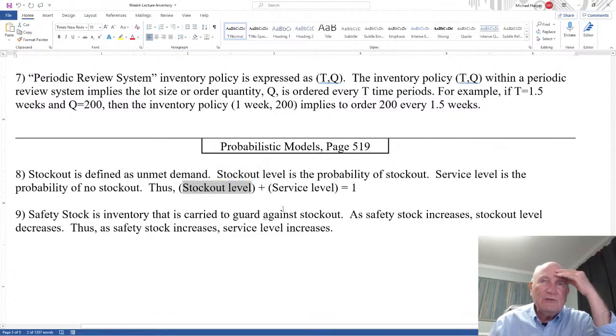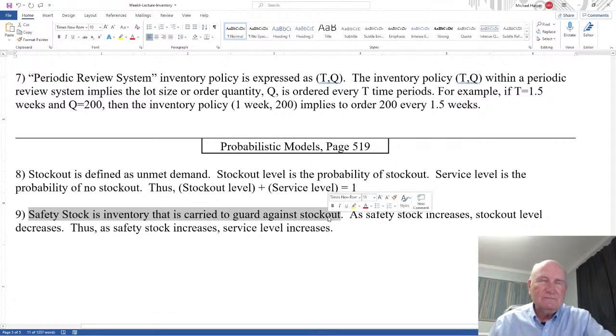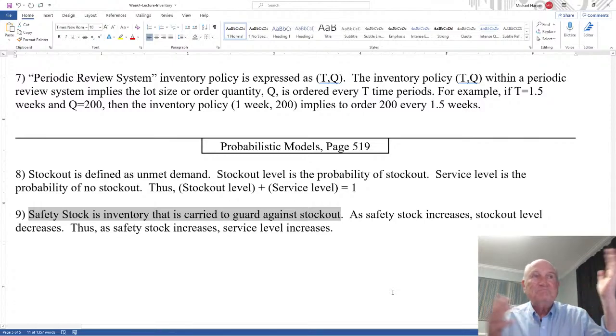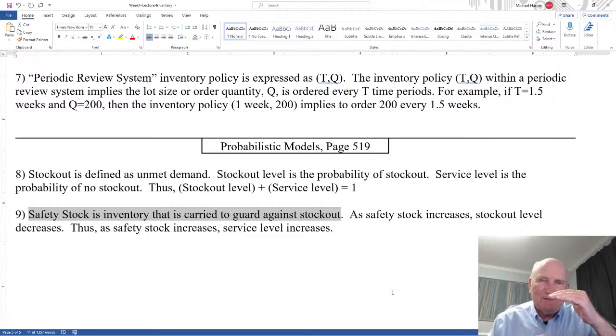Well, how do you change these levels? How do you increase the service level and decrease the stockout level? By something called safety stock. Safety stock is inventory that is carried just to guard against stockout. So if you're afraid of running out of inventory, the logical thing to do is carry more inventory. And that's called safety stock.